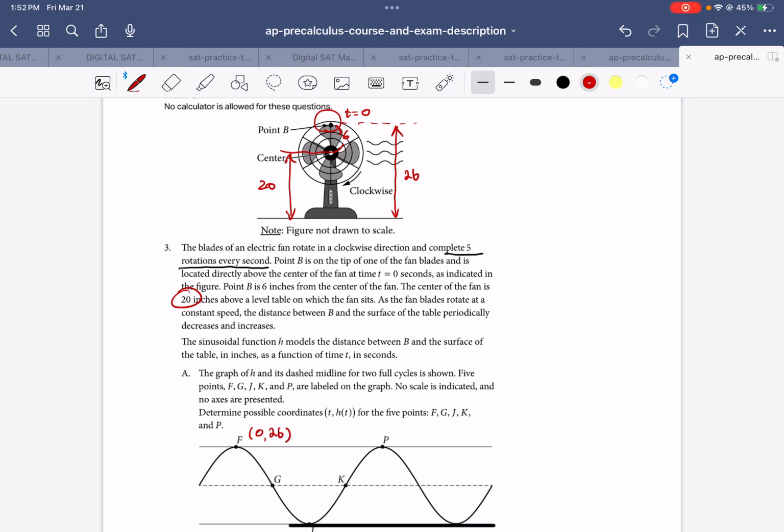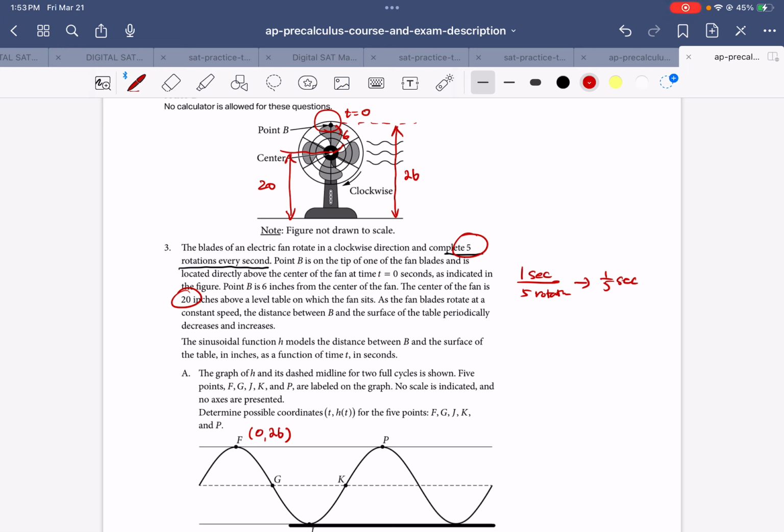And then what it said is it'll complete 5 rotations every second. So how long will it take to finish one? It'll take 1 second to finish 5 rotations, which means 1/5 second is the period.